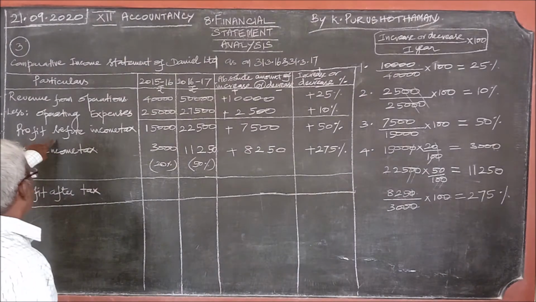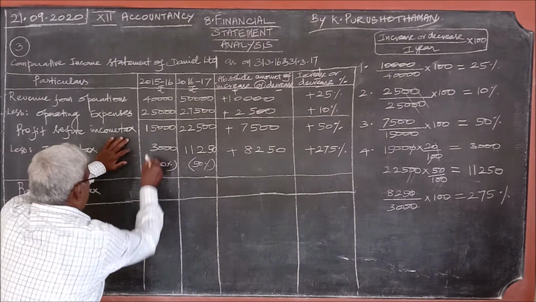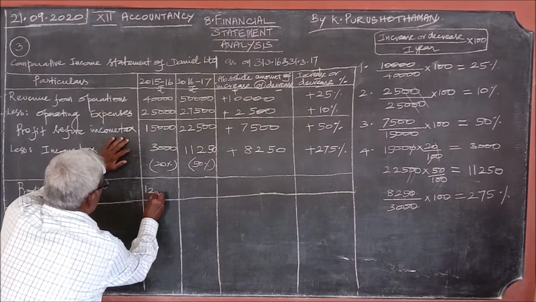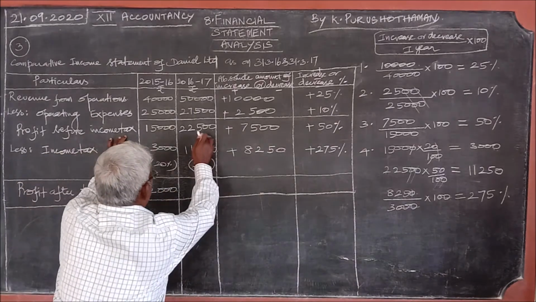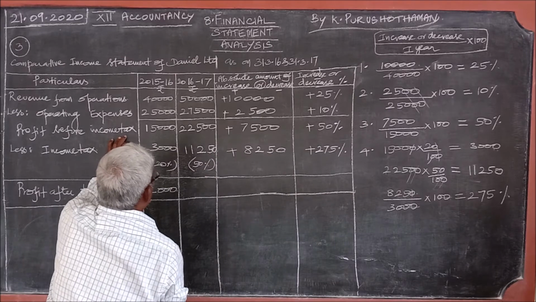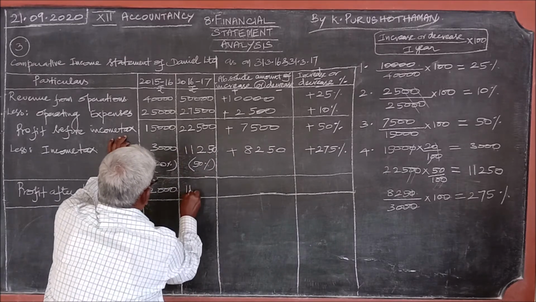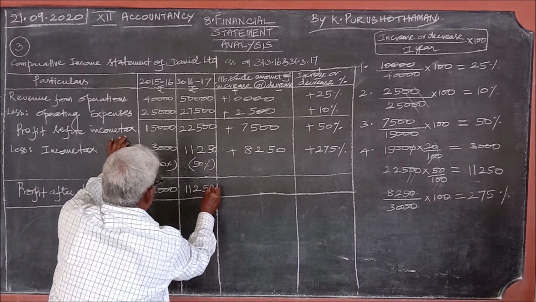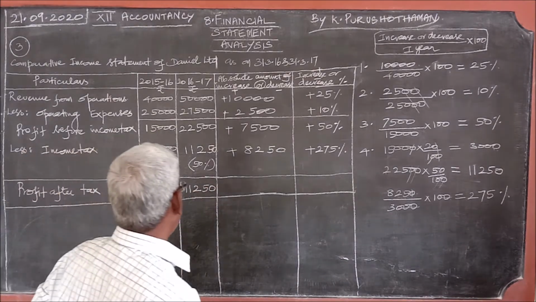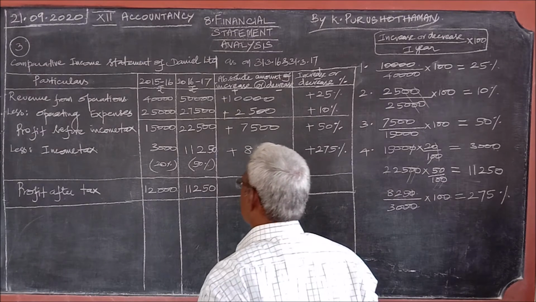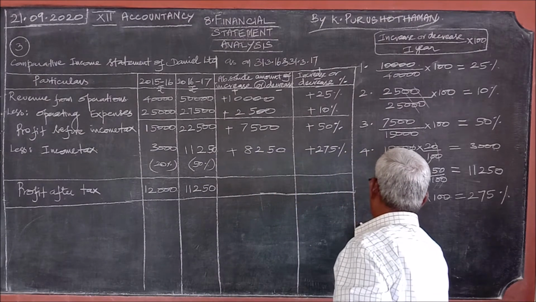And what about profit after tax? That is from the profit minus income tax, 15,000 minus 3,000, 12,000. And 22,500 minus 11,250, it is again 11,250. Listen to this point carefully. Now whether there is increase or decrease for point number 5.